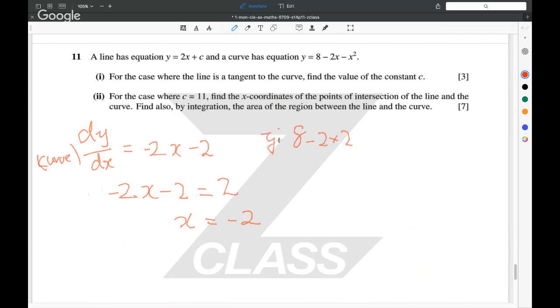And now substitute that back into the equation. And that'll give you 0. And so substitute that back into the equation of the line. 2 times minus 2 plus c equals 0.